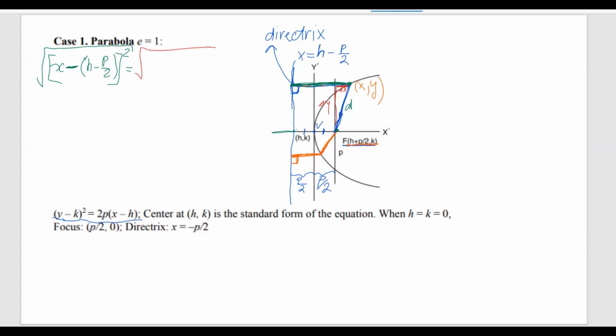We're going to have d is equal to delta x, which is x minus h plus p over 2, squared, plus delta y, which is y minus k, squared.